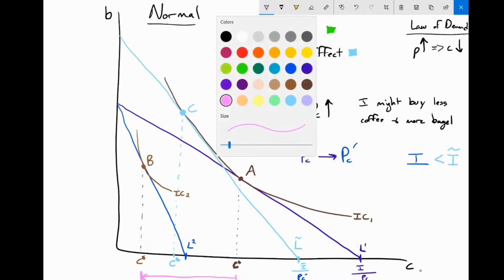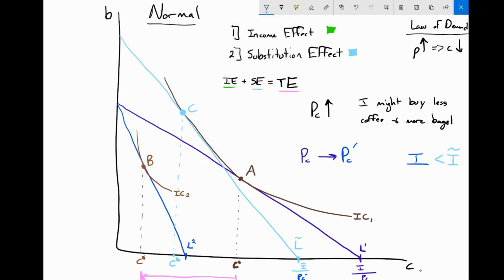Well, how do I differentiate between the substitution effect and the income effect? Well, the substitution effect I will illustrate by looking at the effect of a compensated price change on demand. Why is that? If the price changes, but you're given enough income to compensate for the price change, then there is no income effect.